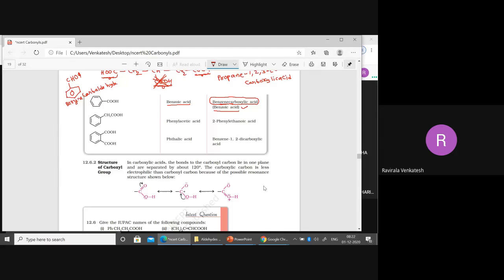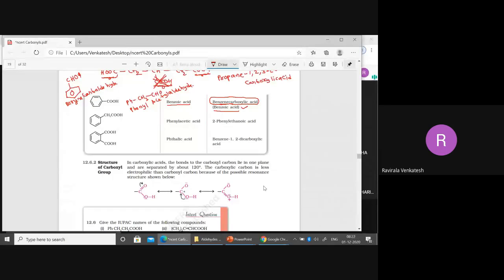Now, you have taken in the last class Ph-CH2-CHO. What did you call this one in the last chapter? We have called this one phenyl acetaldehyde, which is a common name.